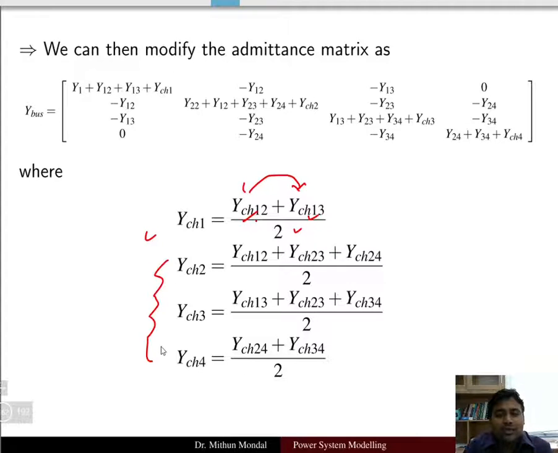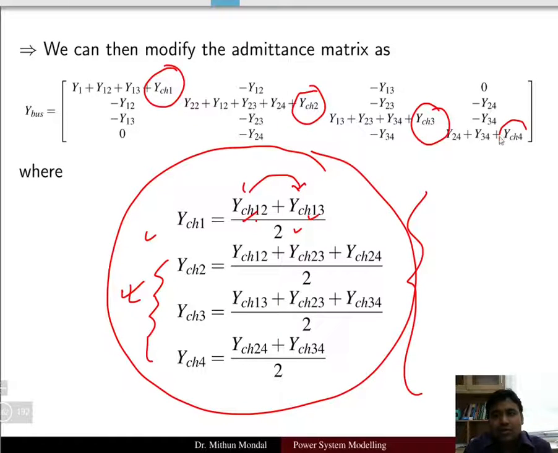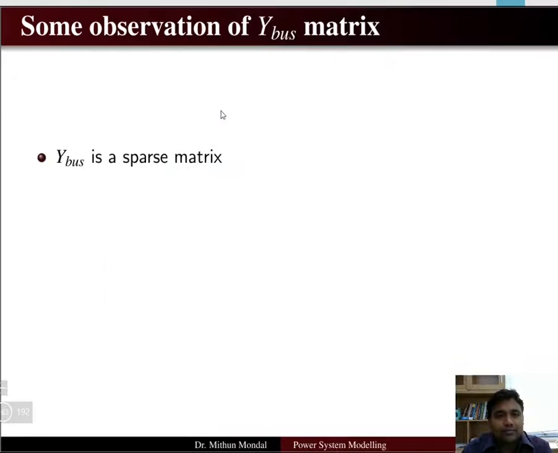Similarly, the other admittances because of the capacitors we can easily obtain. These values will be added only to the diagonal elements, whereas the off diagonal elements will be the same as when there is no capacitor.